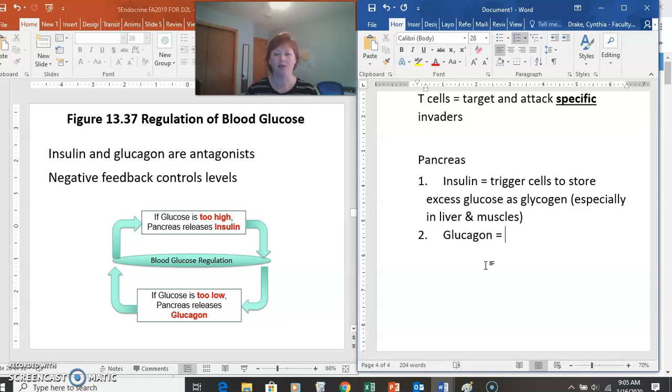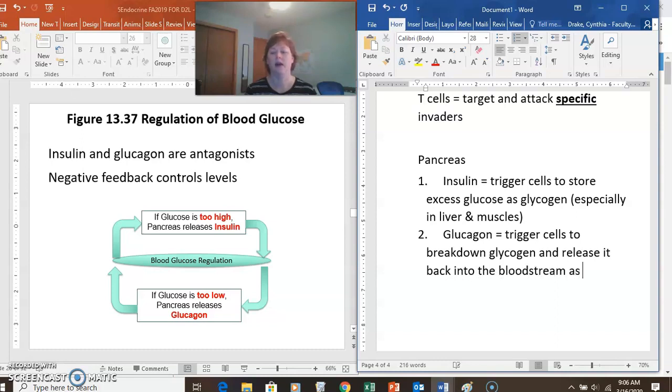Obviously, it's going to do the opposite of insulin, so it's going to trigger cells to break down glycogen and release it back into the bloodstream as glucose molecules. So that way we can maintain our blood sugar levels when we need them.